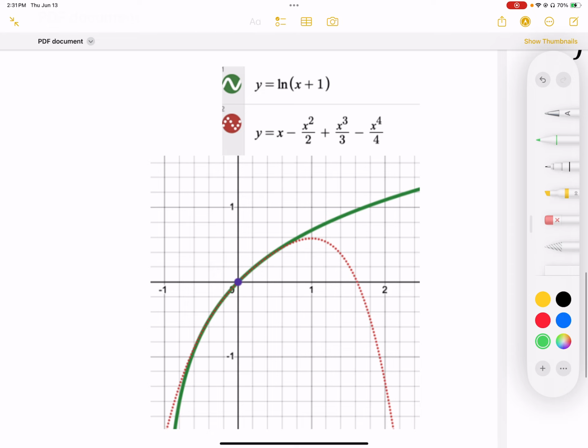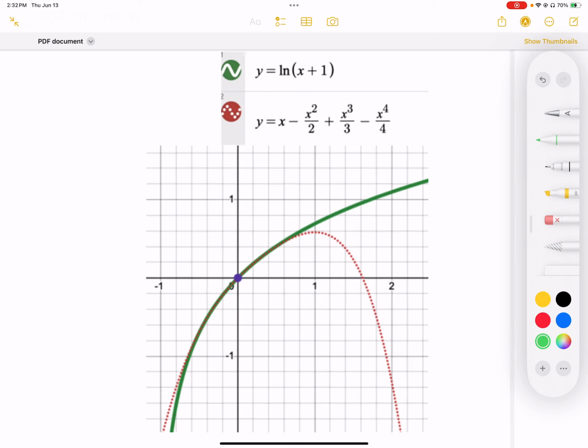So we have our log of 1 plus x, that's the green function. And as we expand out the series, we get different polynomial terms. So we get an x, that's just going to be a linear function, minus x squared over 2, that's a quadratic, plus x cubed over 3, that becomes a cubic. And what I've drawn is minus x to the power 4 over 4.